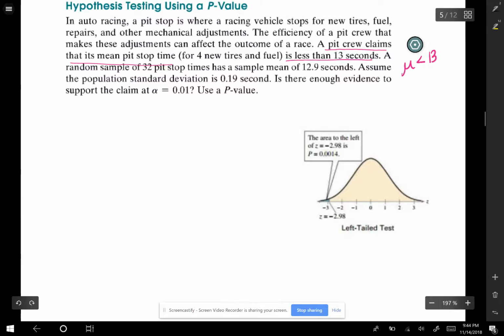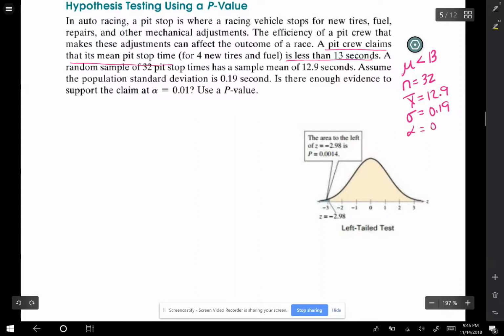So we have a random sample of 32, so n equals 32. That's just 32 pit stop times they tested, and that was a random sample, and we got the sample mean equal to 12.9. So if we assume the population standard deviation is 0.19, is there enough evidence to support the claim at the 1% level of significance, or the 0.01 level of significance?